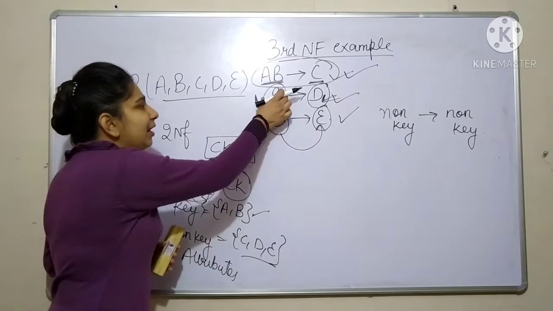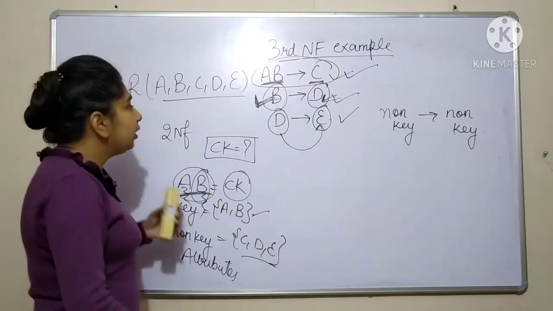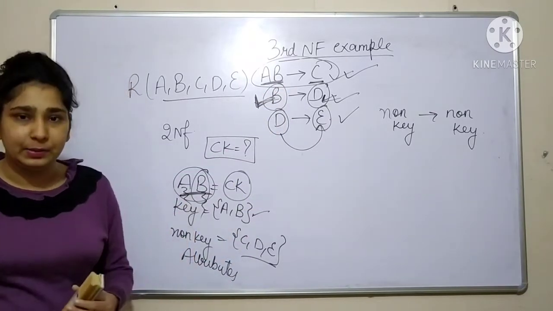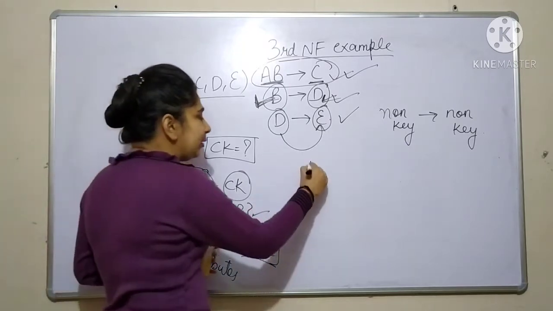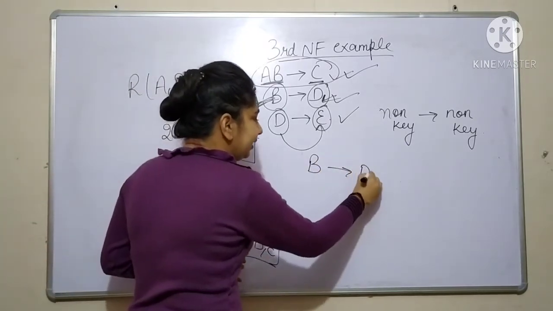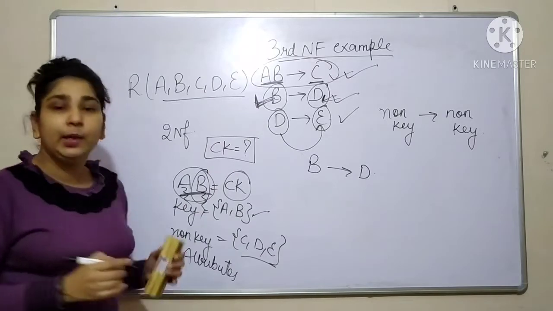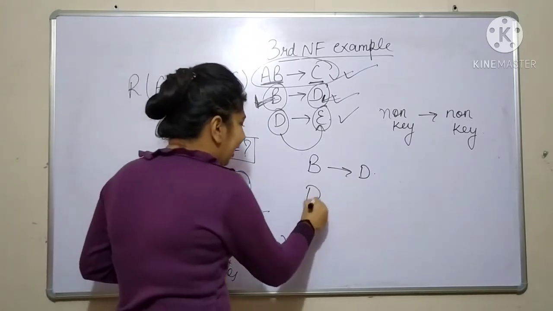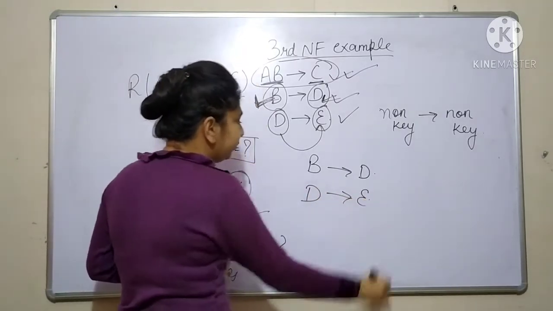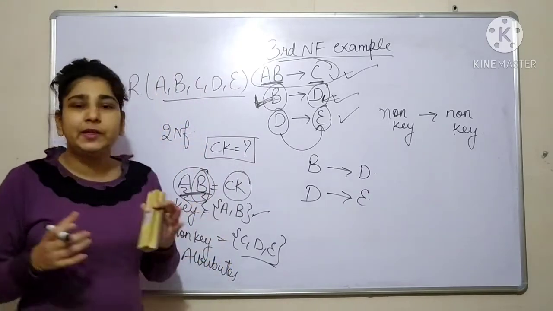B has a lot of duplicated values. With the help of B I am determining D, and with the help of D I am determining attribute E. So what does it mean?